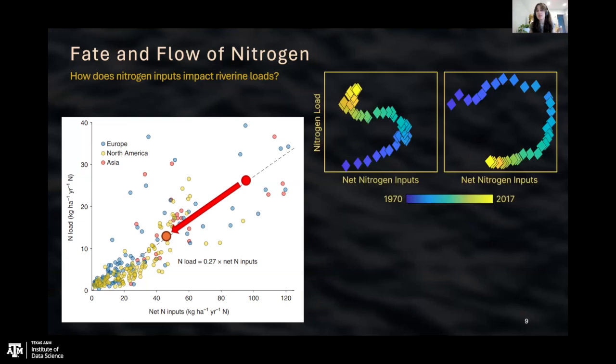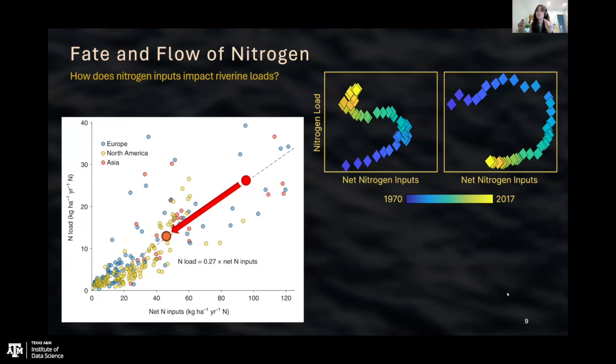But that's really not what happens. We see these effects, and they're called hysteresis effects. Maybe I'll talk briefly about what drives them, but essentially, if you look at the panel on the right-hand side, in the 1970s net nitrogen inputs continue to go up, and then go flat. Despite net nitrogen inputs being the same, we see our load decreasing.